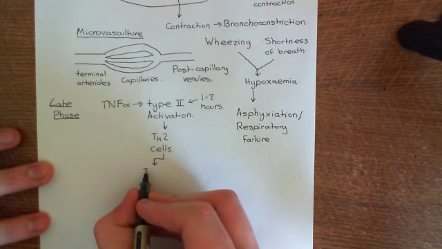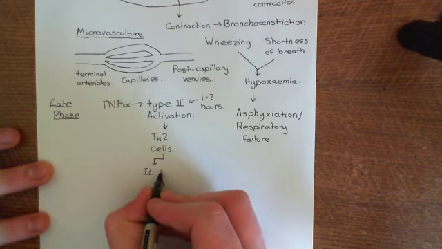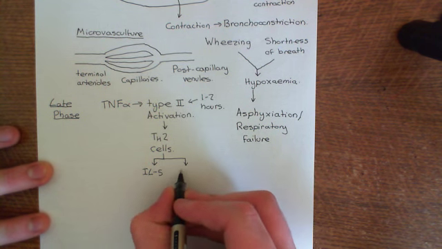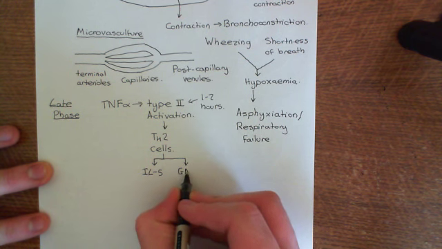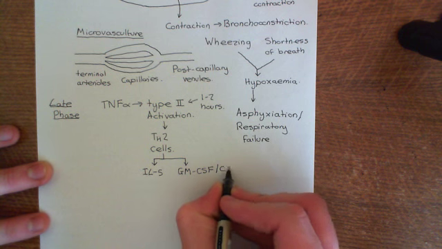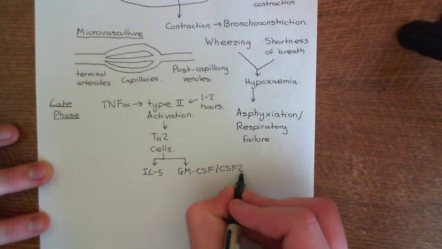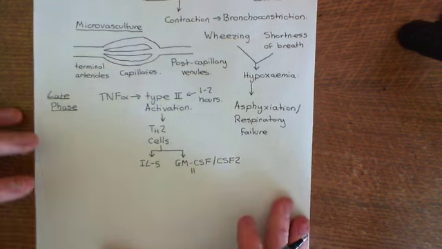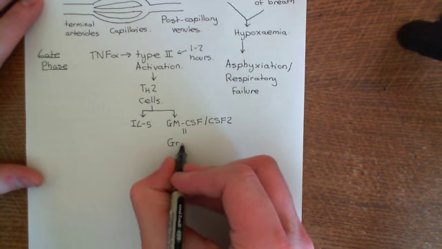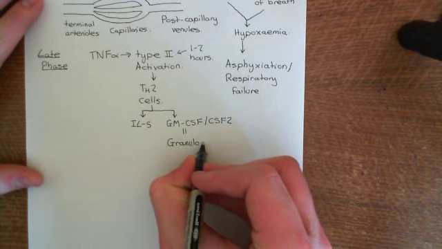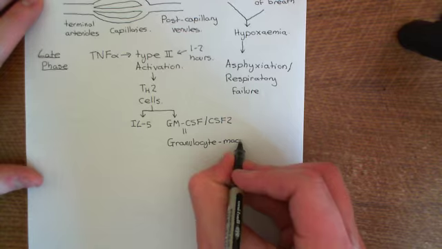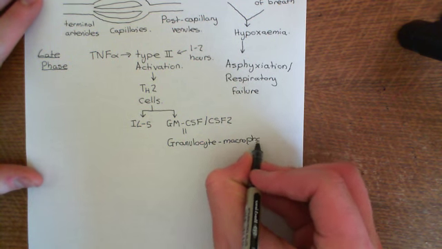So the big cytokines they start releasing are interleukin-5 and also a cytokine known as granulocyte monocyte colony stimulating factor, which is also known as colony stimulating factor 2. So I'll have to write this one's name out at least once. So GM-CSF stands for granulocyte macrophage colony stimulating factor.